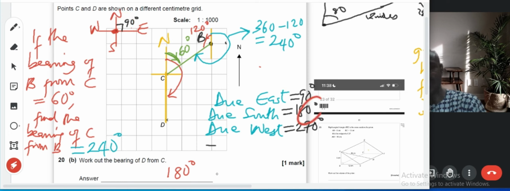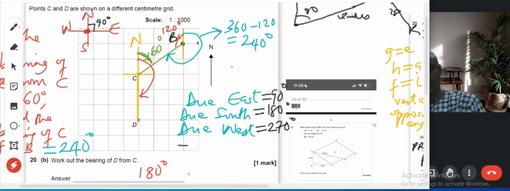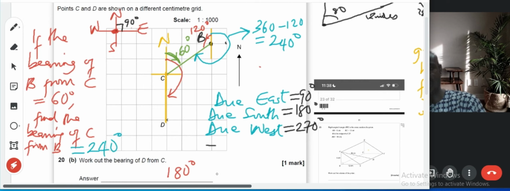That's 180 degrees. For due west, you start from north again and move until you get to the west. This whole angle is 270 degrees. So due west is 270 degrees. These are things you can take note of.